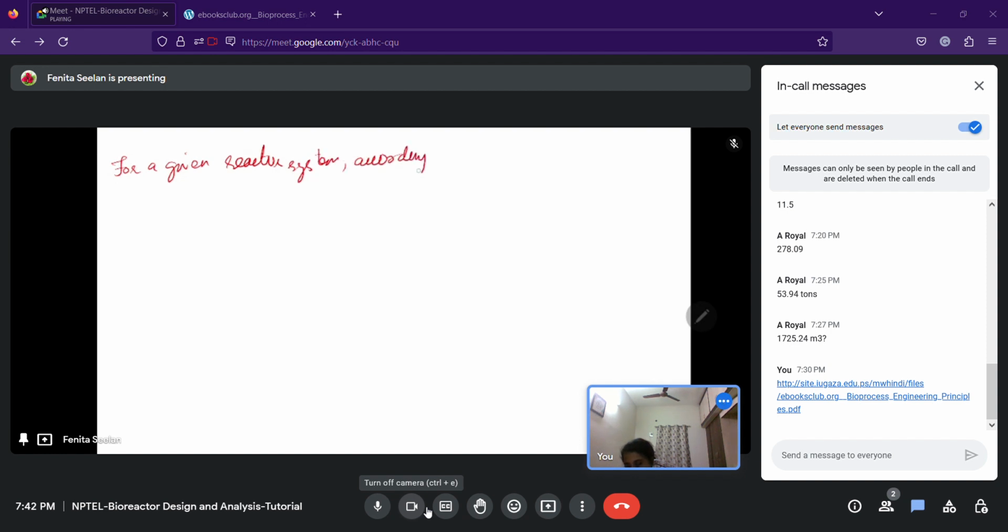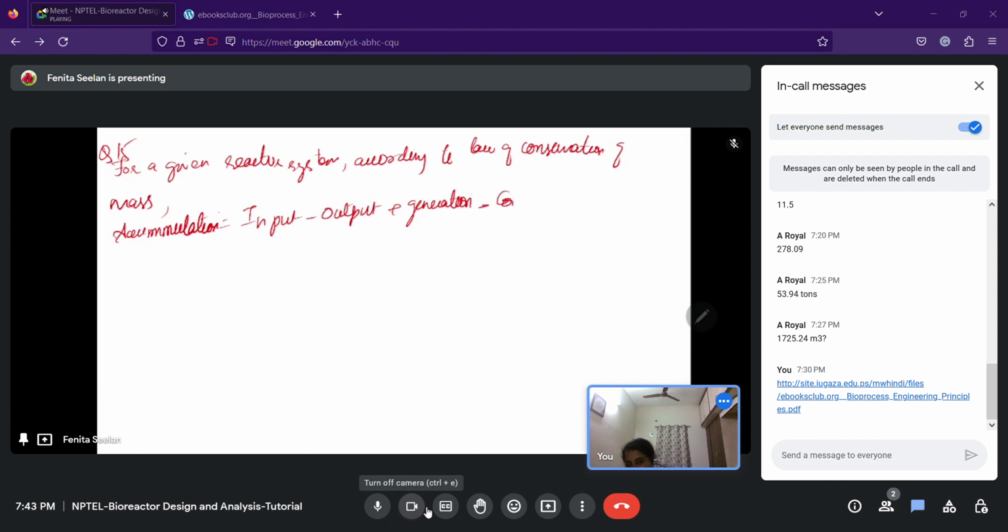According to the law of conservation, let us write in terms of accumulation equal to input minus output plus generation for a batch system. Let's do a biomass balance.